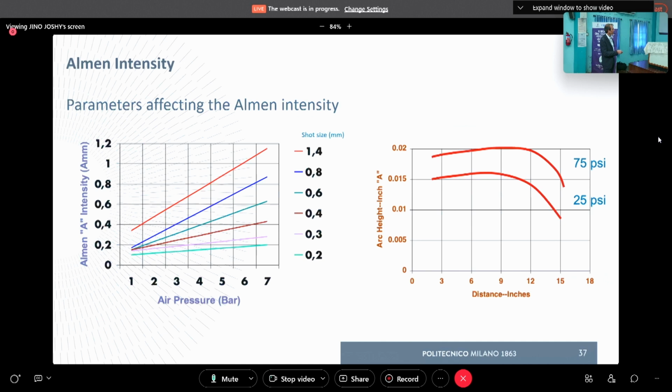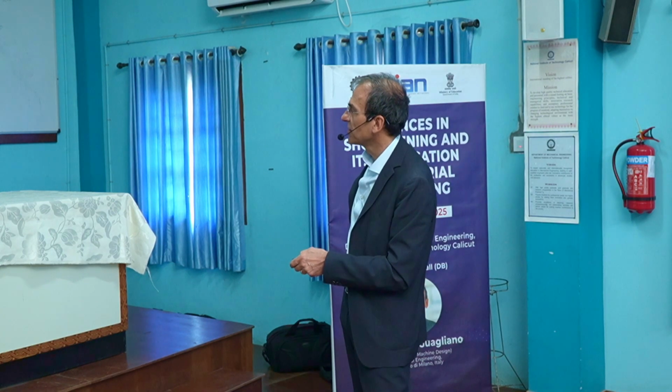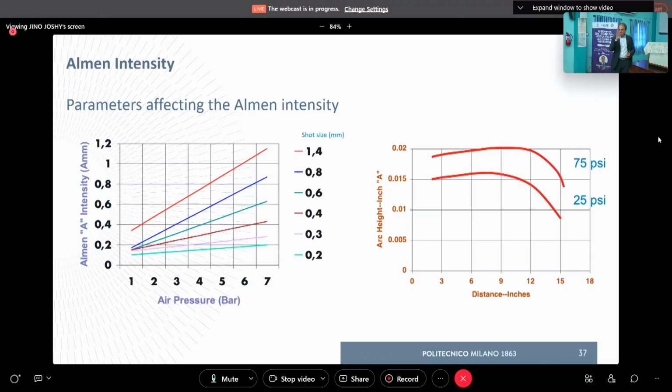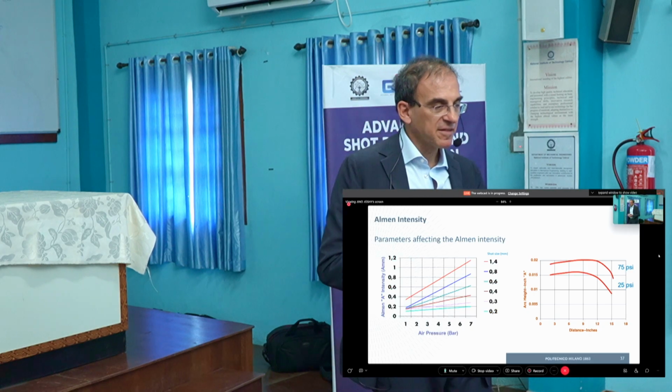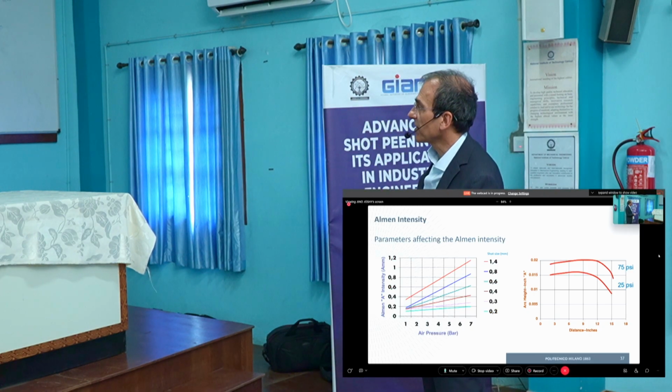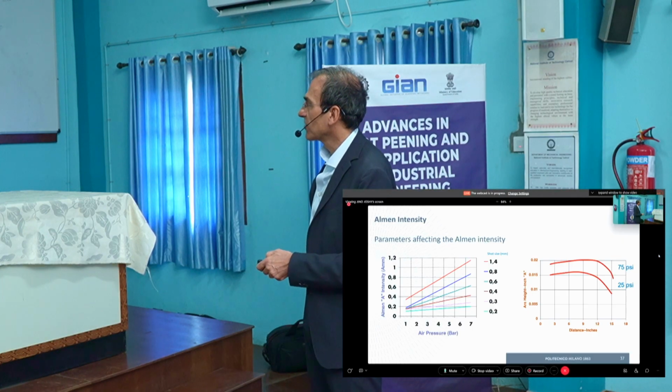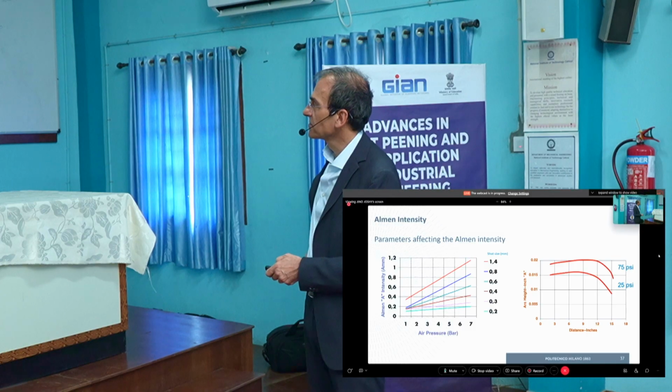And we see that in this case, if we consider the arc height of the Almen strip A expressed in inches and the distance, the relation is not linear. We have a maximum at some distance, and then it decreases, with a slight increase according to this curve, and finally the Almen intensity drops down, and then it's meaningless to go over.